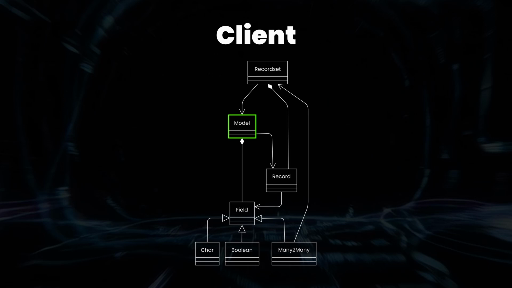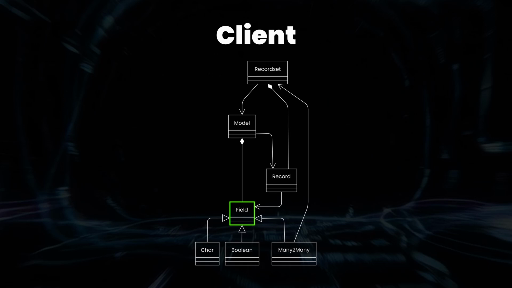Instead, it describes the structure of a model. When the client loads a model definition from the server, the model class loads the field definitions. It creates field instances based on their type, and it allows other parts of the system to ask questions like, what field exists? Or what type is this field? It defines the shape of the data.